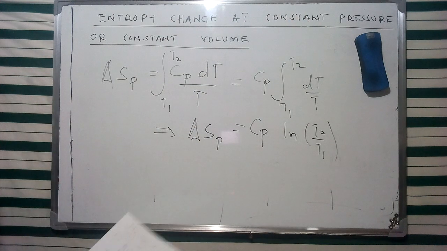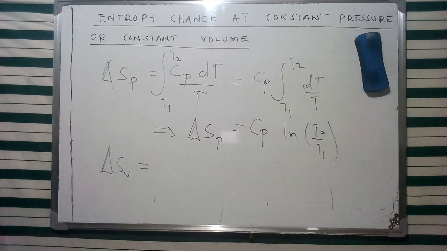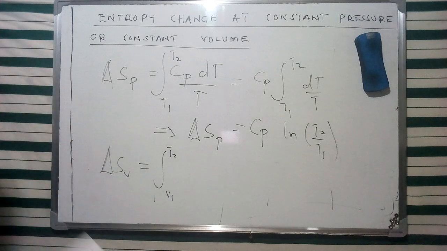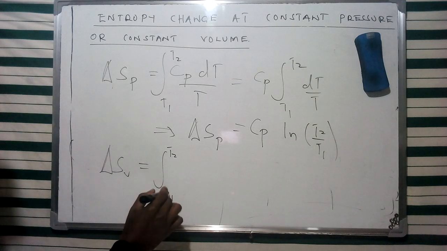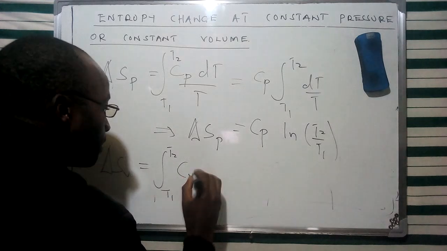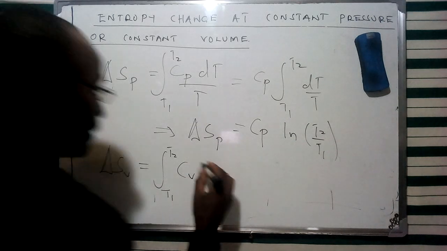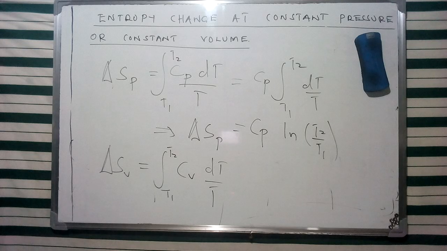So similarly for volume, the change in entropy is represented as the change from V1 to V2, and this is going to be T1 to T2. Of course, that is under constant volume. So there's going to be a change in temperature, and this is a molar heat capacity at constant volume, and then dT over T given as such from the various ratios that we've discussed.